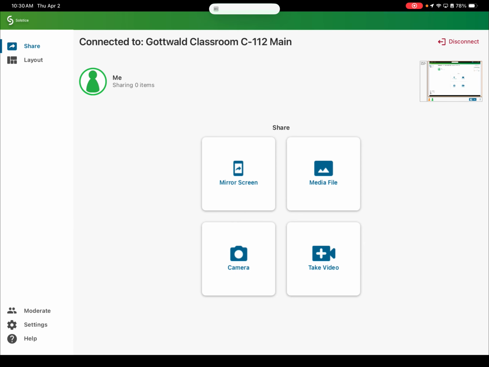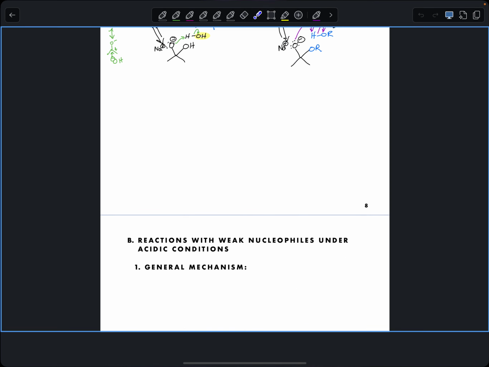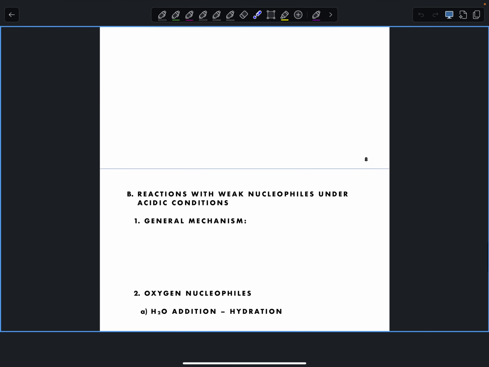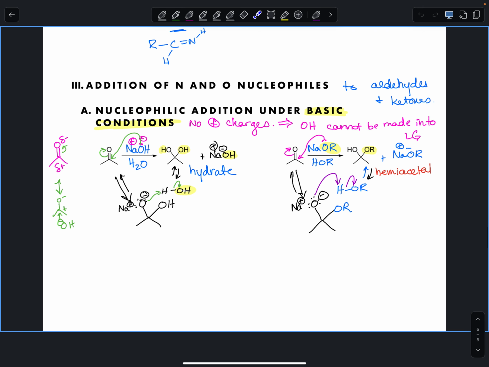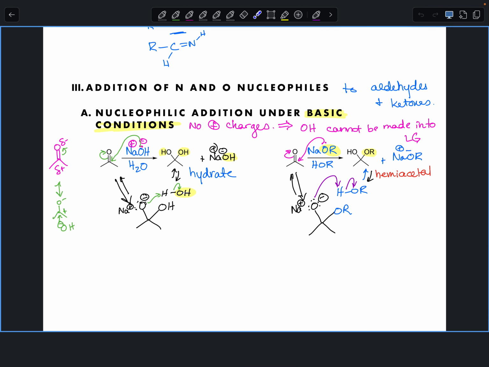So what's happening at some point is that we now have an extra proton on the carbonyl oxygen, the red one here, plus charge. The other oxygen now is neutralized. Okay.